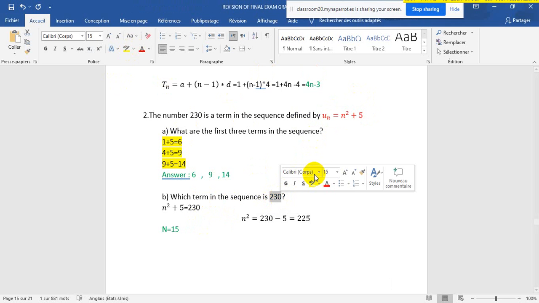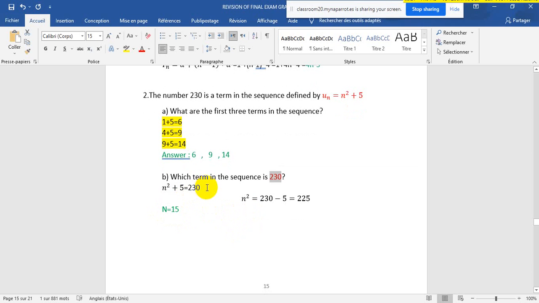Un as 230 means n squared plus 5 equals 230. So n squared should be equal to 230 minus 5, because you transfer this positive 5 from the left hand side to the right hand side. It will take a negative sign with it.